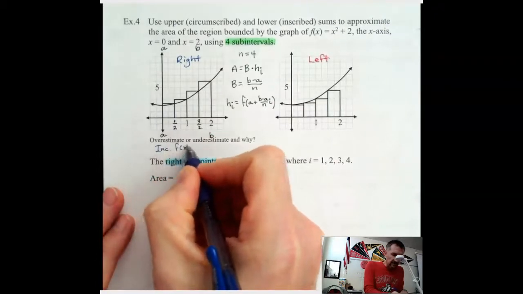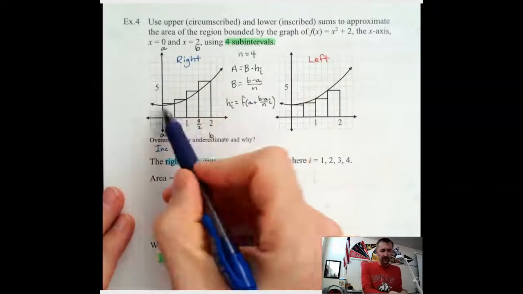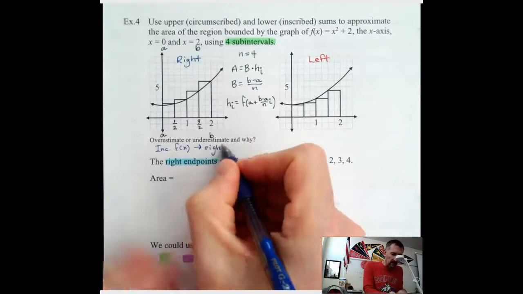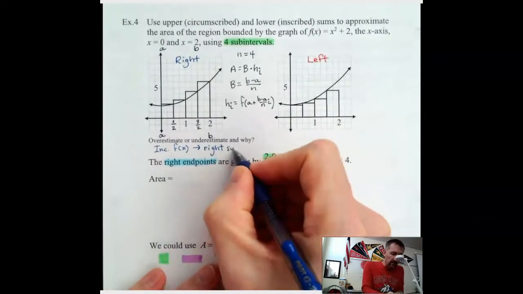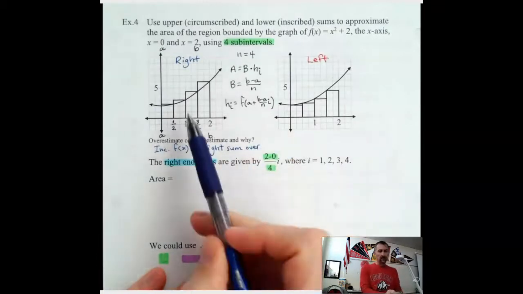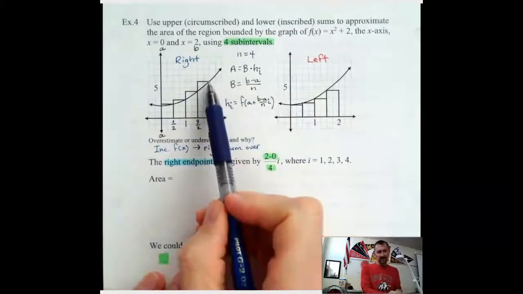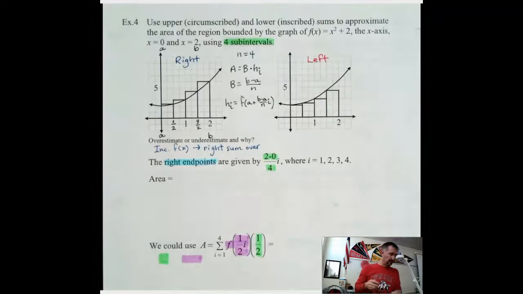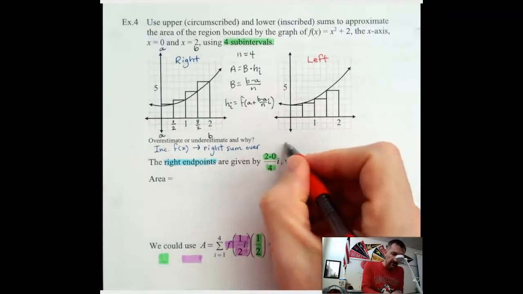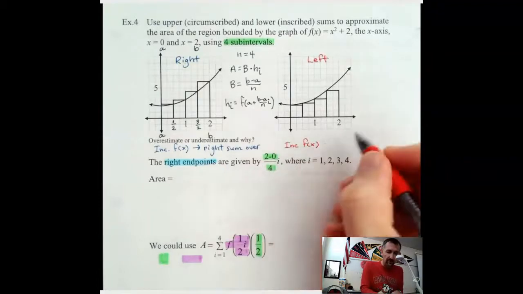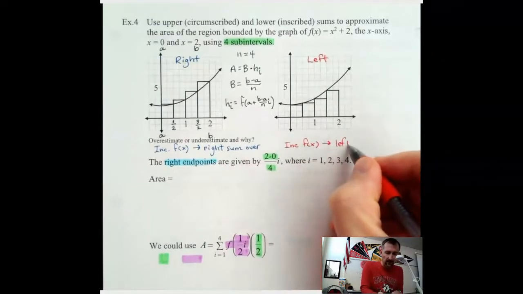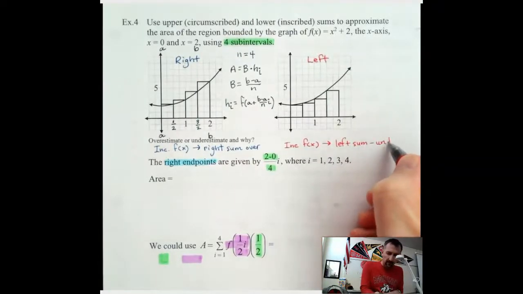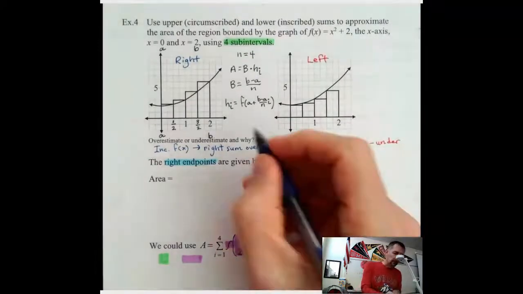If you have an increasing function, or you're looking at an increasing portion of a function, then the right sum is over, because if it's increasing and you're starting on the right side, you're always going to be over the graph. And on an increasing function, or an increasing portion of a function, the left sum will always be under. Okay?